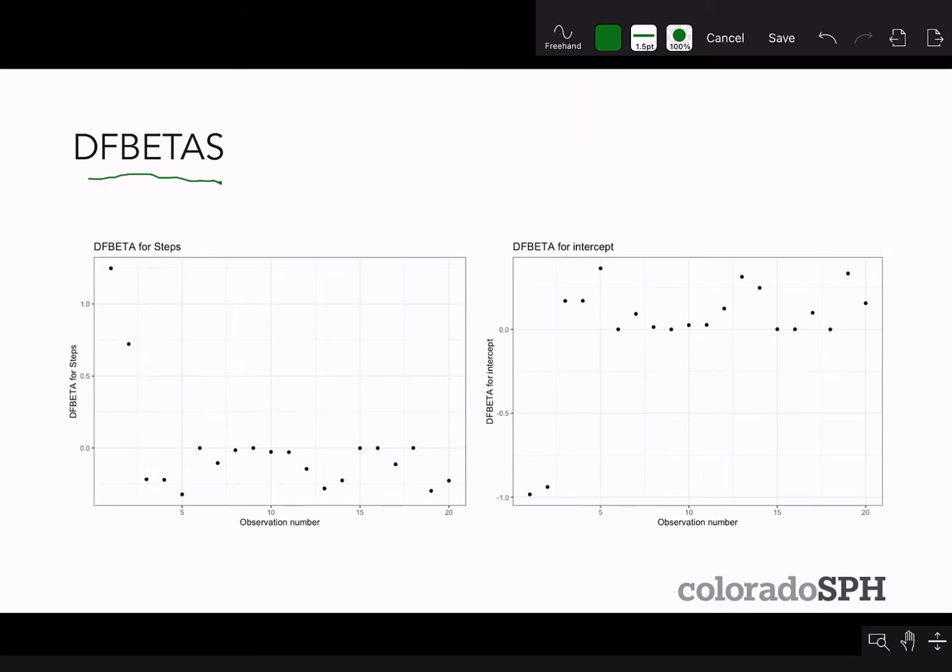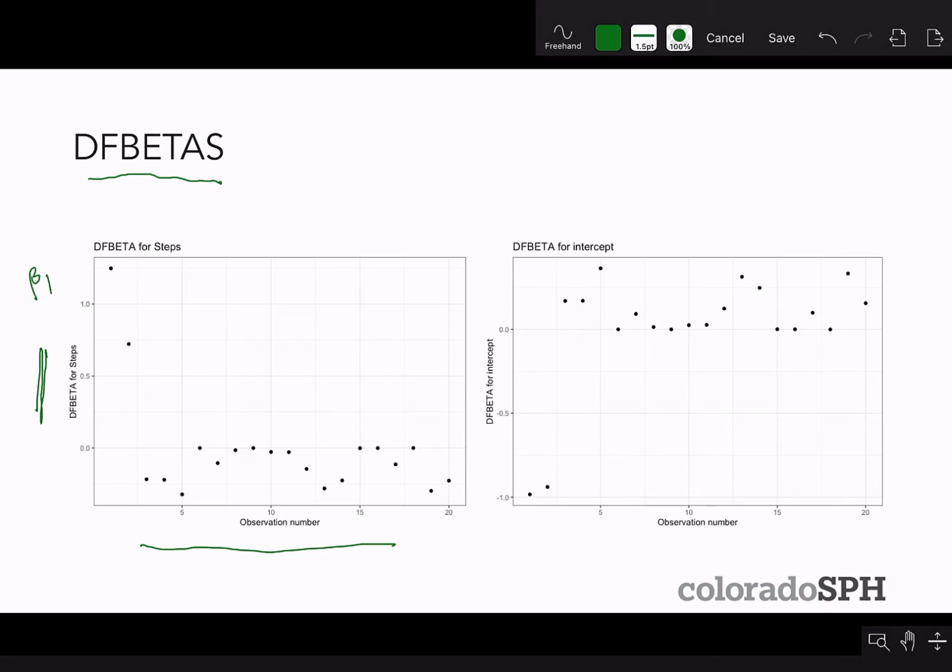Here we're looking at the DFBETAs. The DFBETAs tell you how much each regression coefficient changes when a particular observation is deleted. Here we have the observation number and then the DFBETA for the steps covariate, so beta 1.